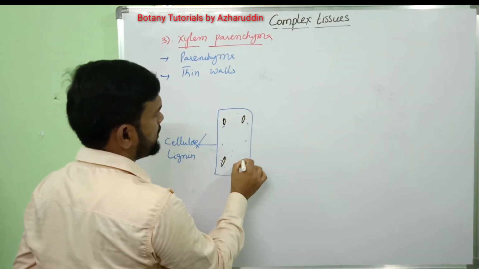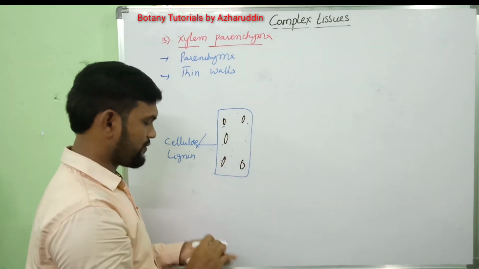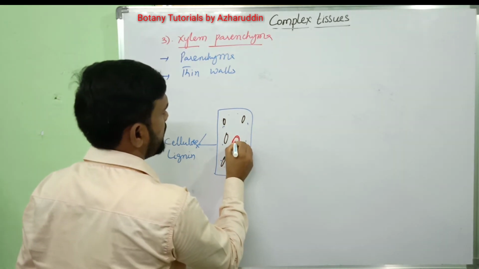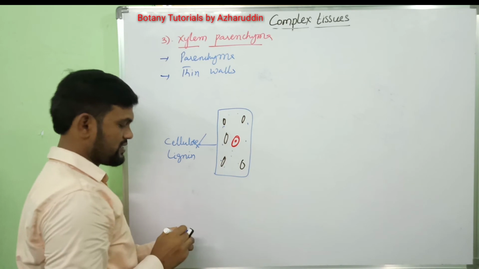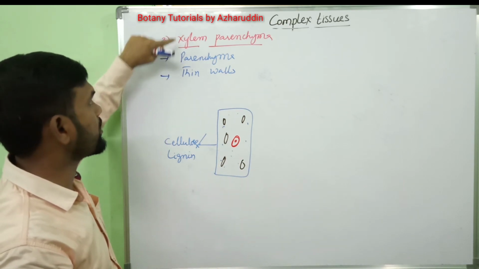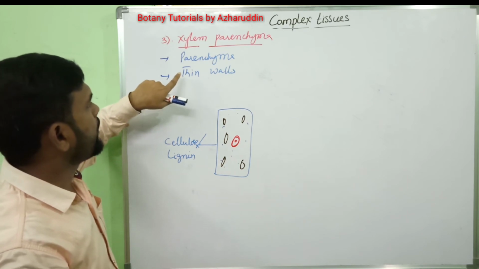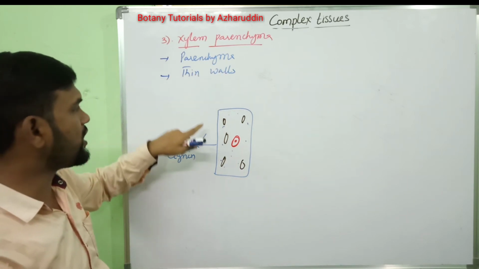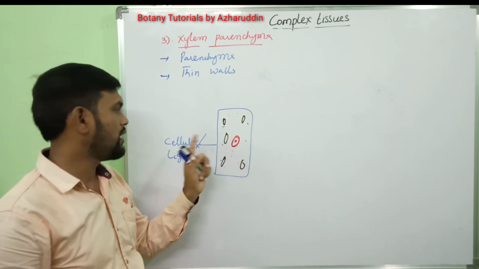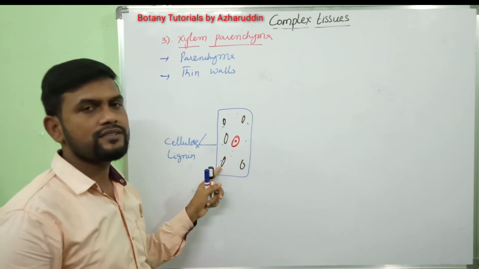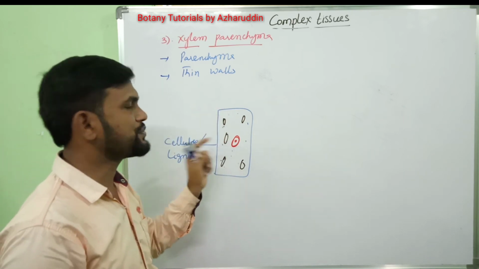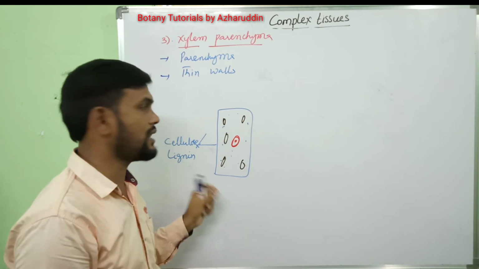Along with vacuoles, a conspicuous nucleus is also present in the parenchyma. Once again I am repeating, the parenchyma associated with xylem is called xylem parenchyma, which comprises a thin cell wall made of cellulose or lignin, dense cytoplasm, vacuoles and a nucleus.